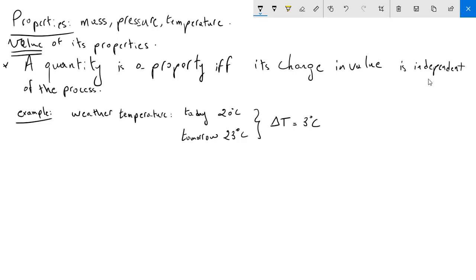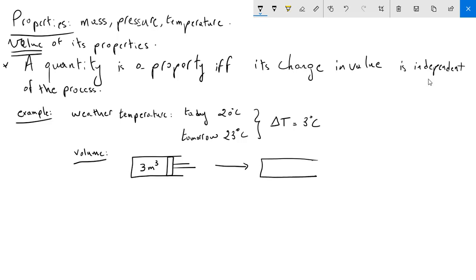Another example will be the volume. The volume is a property. Suppose we have a piston cylinder. This is the piston and this is the cylinder, and the volume initially inside was 3 meter cube. After some expansion, due to some reason, the volume became 5 meter cube.